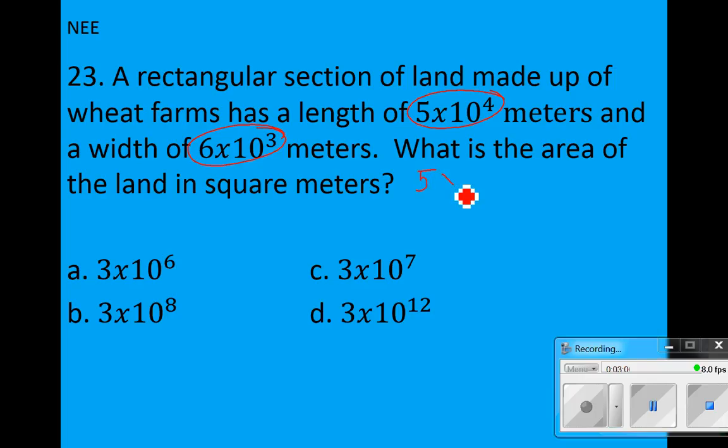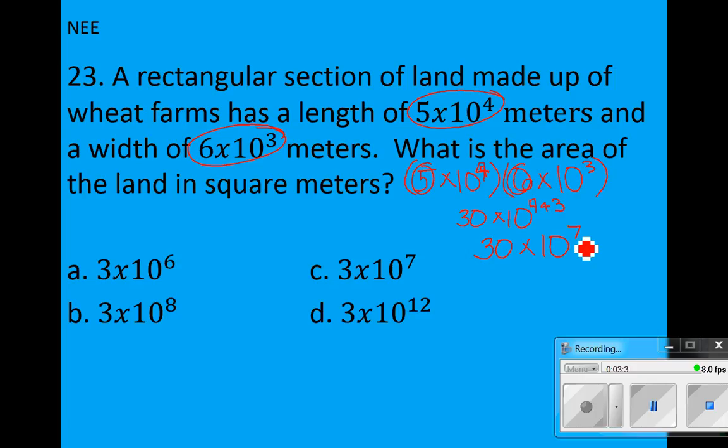So 5 times 10 to the fourth multiplied by 6 times 10 to the third. We're going to use our shortcut. 5 times 6 is 30. Bring down the times 10. We're going to add the exponent. So 30 times 10 to the seventh power.